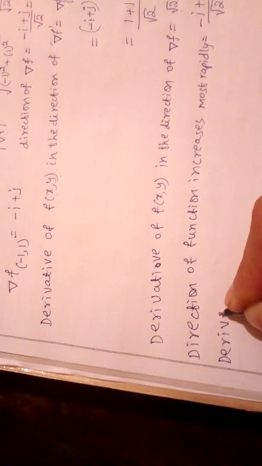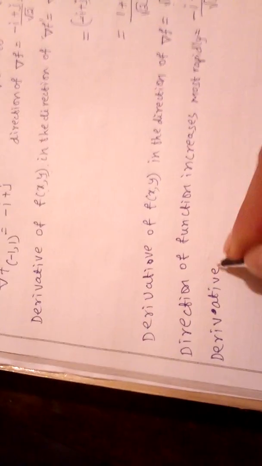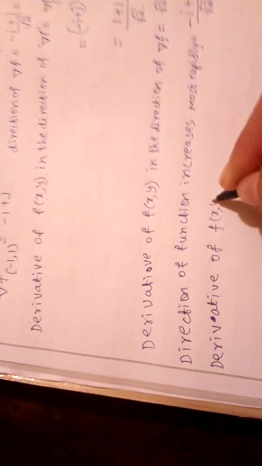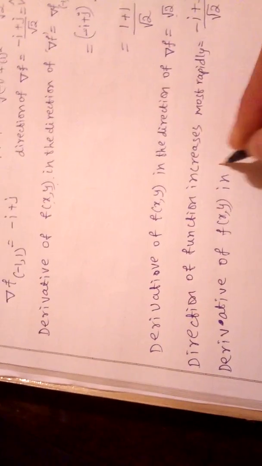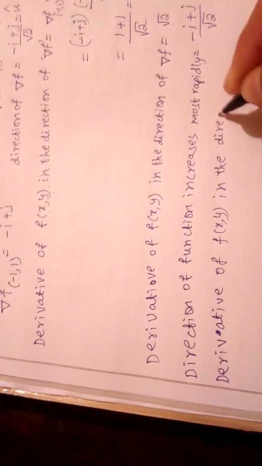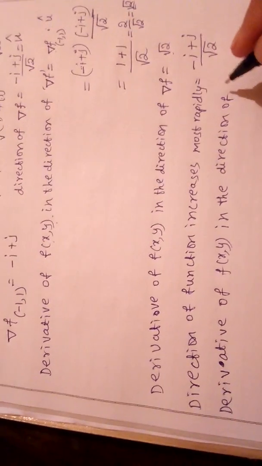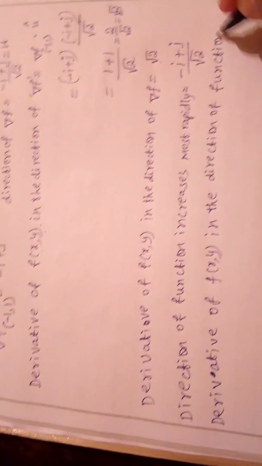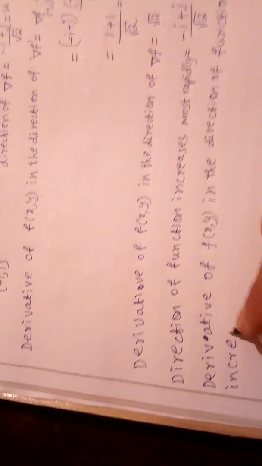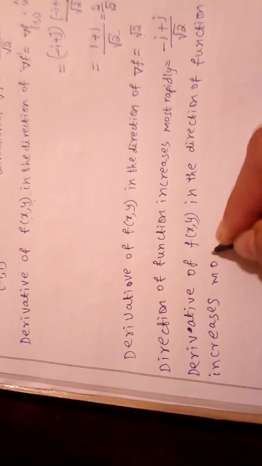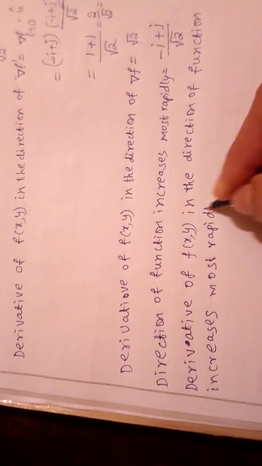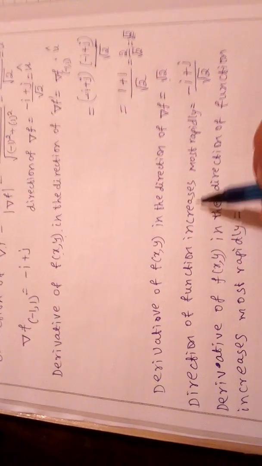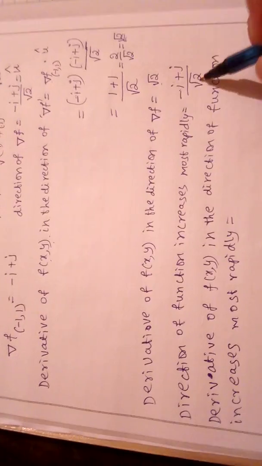Then the derivative of f(x, y) in the direction in which the function increases most rapidly: we know that this direction is (-i + j) by root 2.